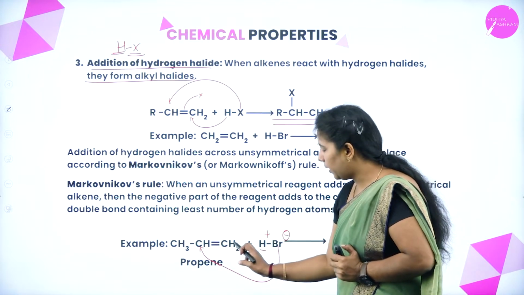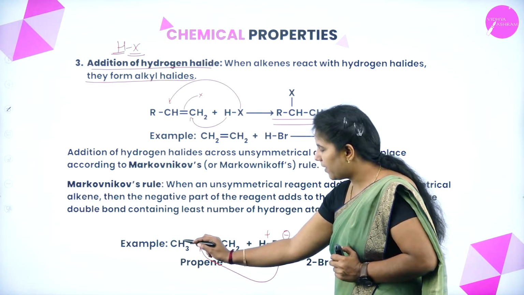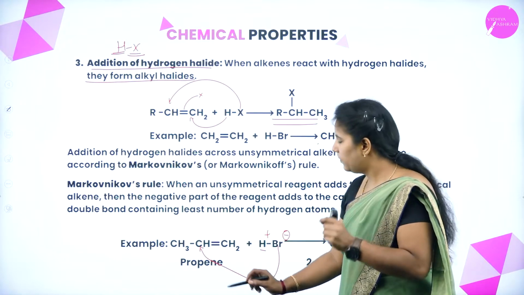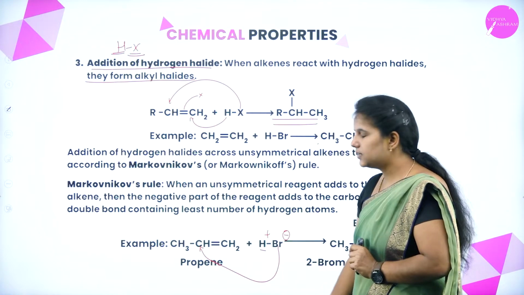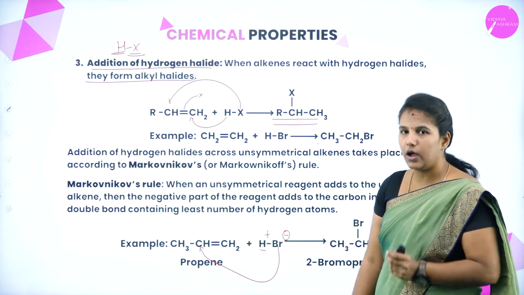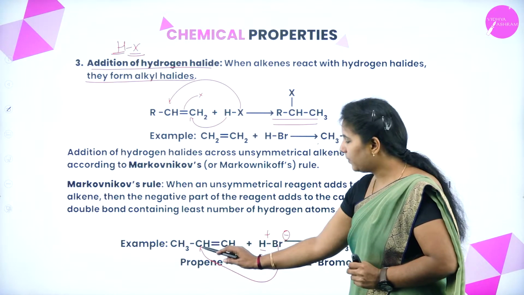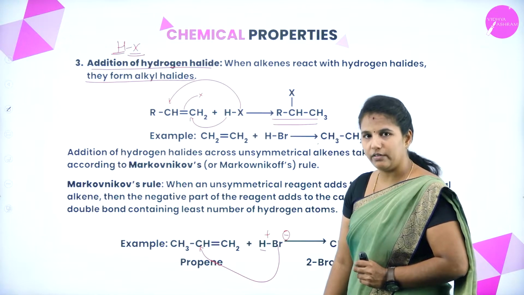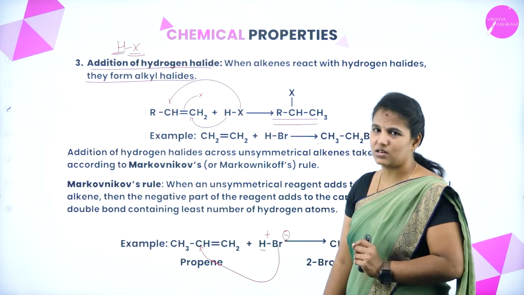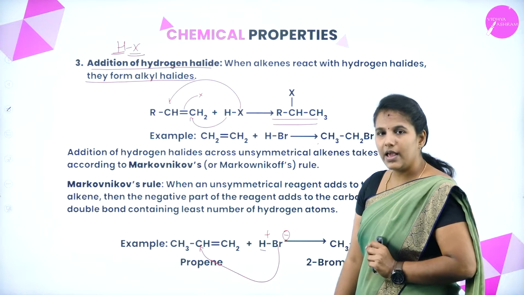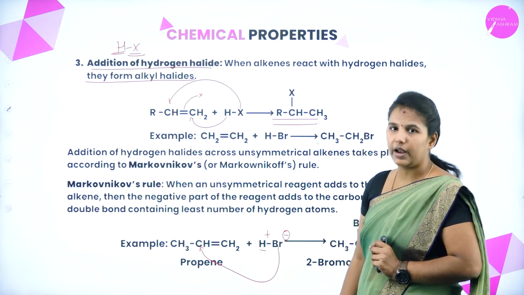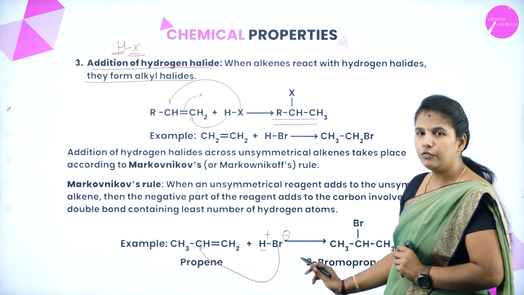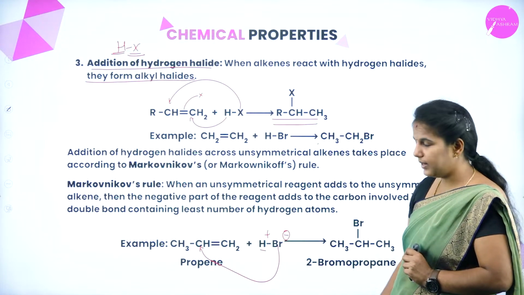In these 3 carbon atoms, the first carbon atom has 3 hydrogens, the second carbon atom has only 1 hydrogen, and the third carbon atom has 2 hydrogens. So the middle carbon atom, which has only 1 hydrogen, has the least number of hydrogens. Hence, the negative part of the reagent must attach to this carbon atom to form an alkyl halide.